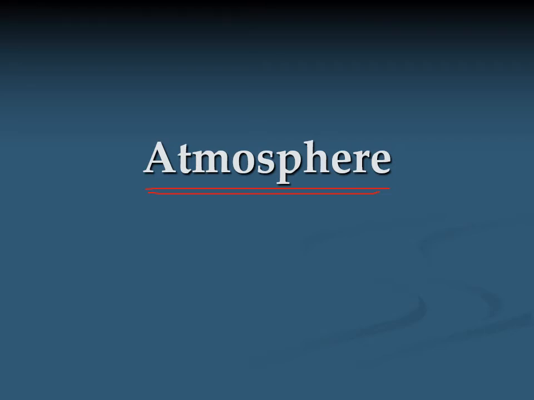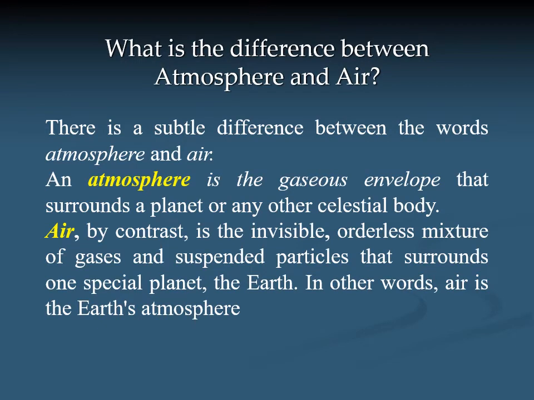Now there are two terms, atmosphere and air. We use these two terms very frequently and often synonymously also. Now, atmosphere is the gaseous envelope that surrounds a planet or any celestial body.